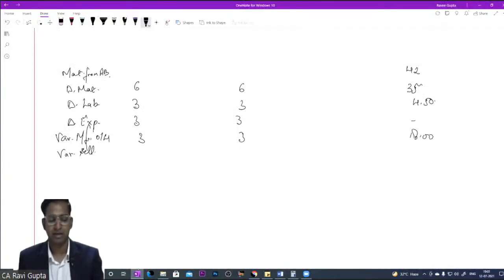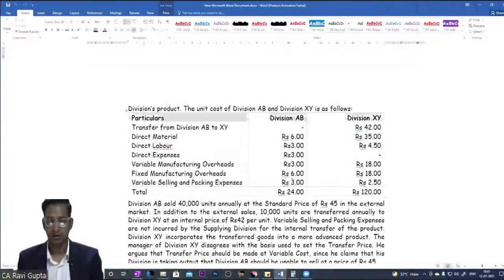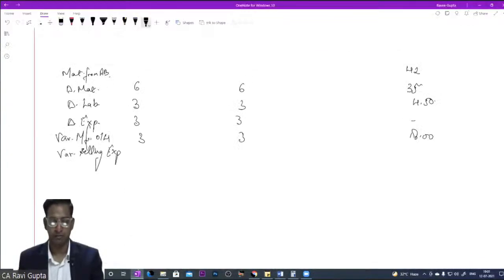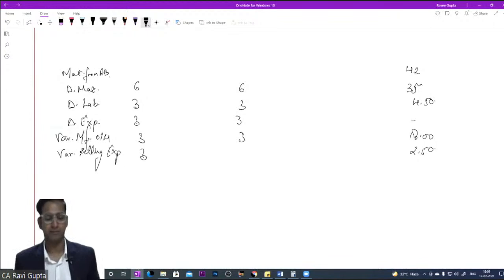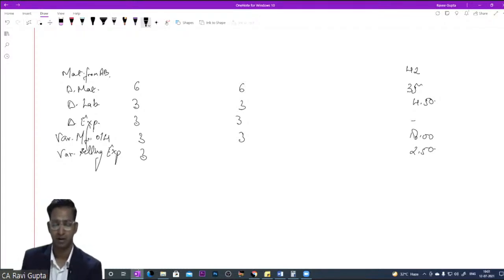Variable selling and packing expenses will be considered: 3 rupees and 2.5 rupees. If it is not given in the question, we will be considering that selling expenses will not be incurred on internal transfer. We have to first read the further question.